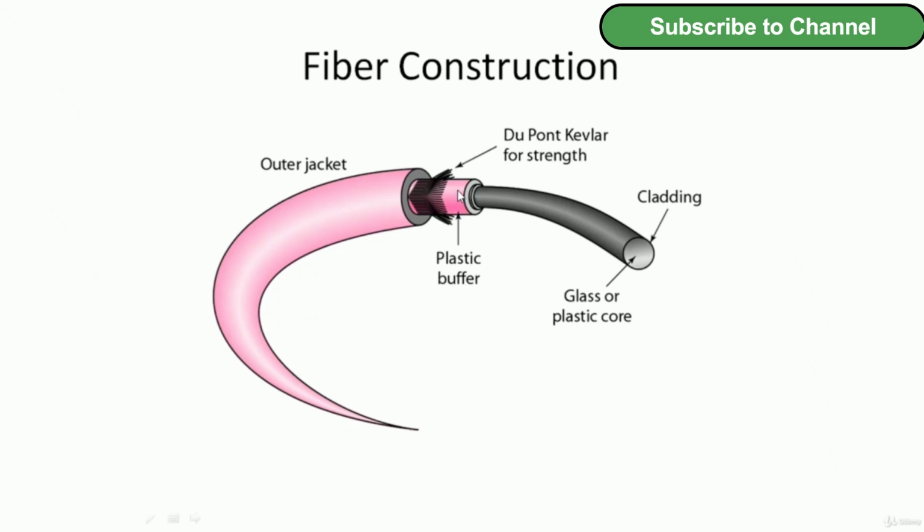Then some protection is required to increase the strength of it. This Kevlar material is used for increasing the strength. And this one is the outer jacket. This is the structure of the fiber optic cable.